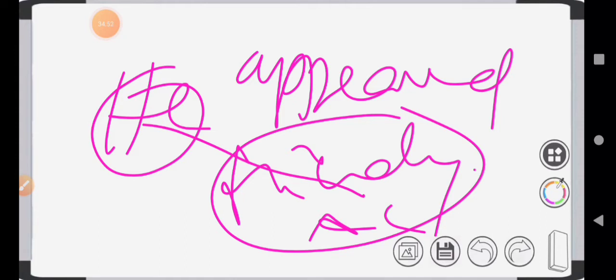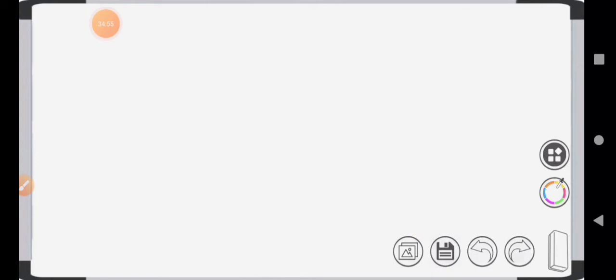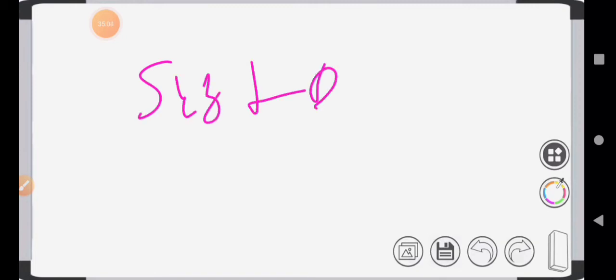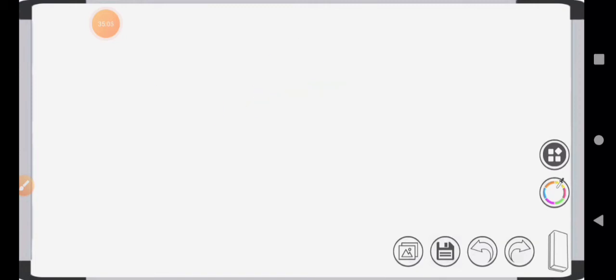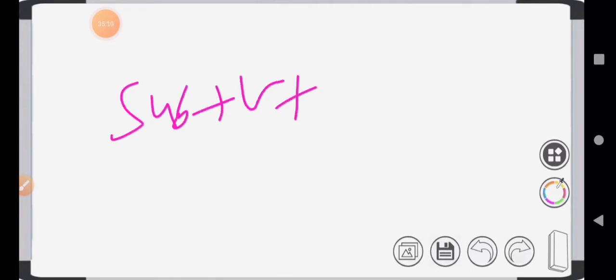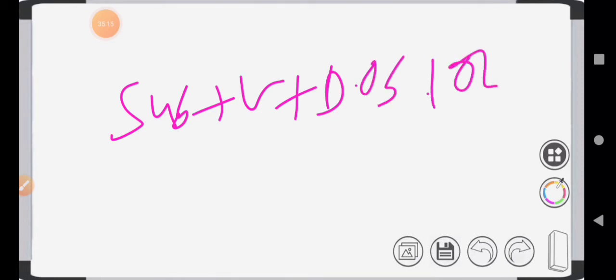What is the object complement? It is about the direct object. It relates directly to the object and is placed after it. The structure is subject plus verb plus direct object plus object complement.